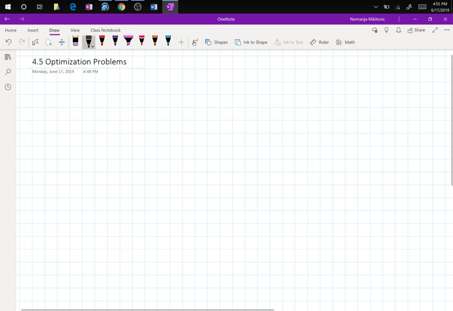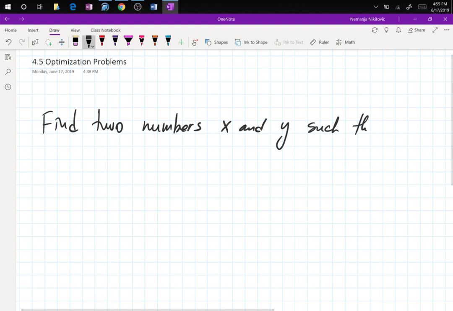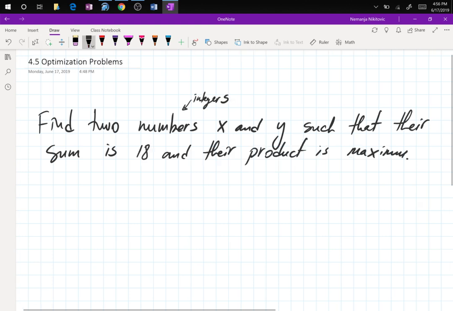Find two numbers, x and y, such that their sum is, let's say 18.